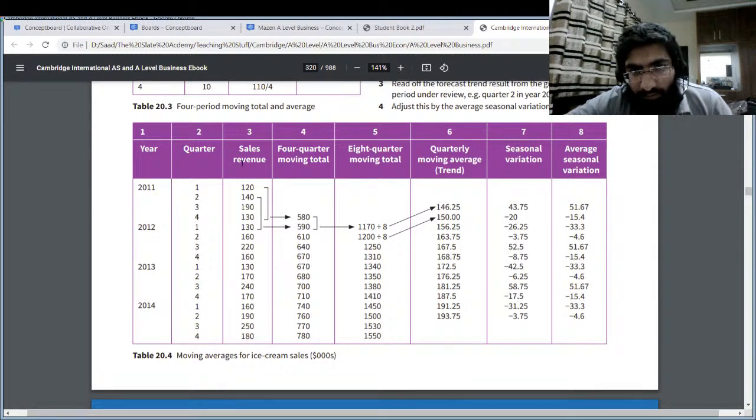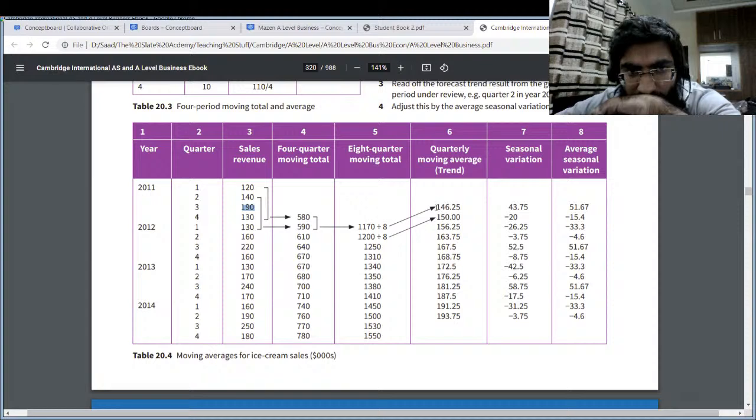And this is for quarter 3. I got 43.75 for this seasonal variation. 190 minus 146.25.